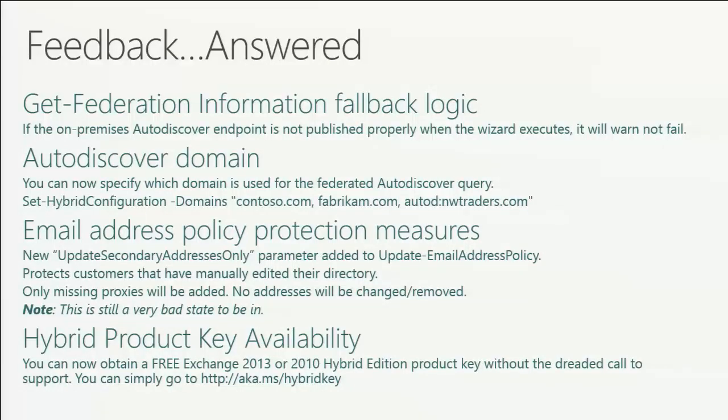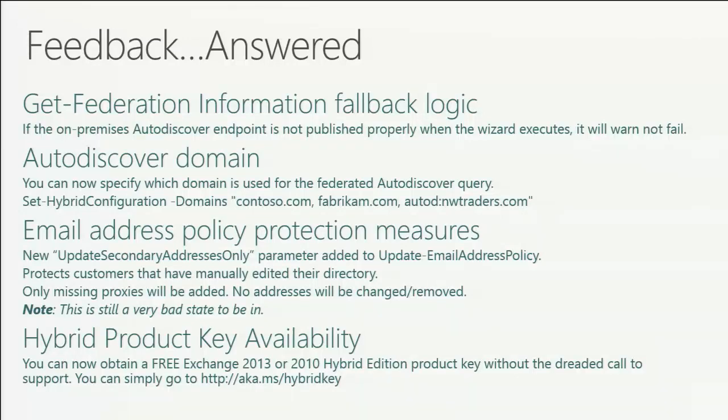So when Office 365 tries to reach into on-premises to get their federation information, it fails. What we did was add a best effort configuration. If we fail, we try a couple of times, and then we put in a value which we think should be the right one.